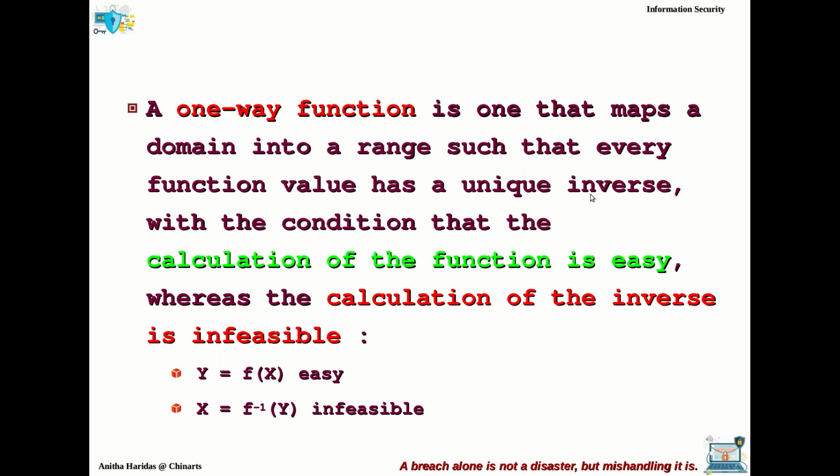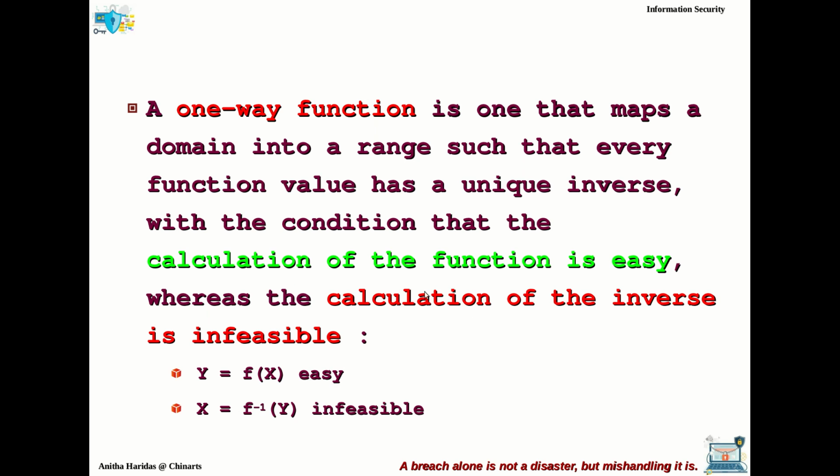So whatever mathematical function you take, all these mathematical functions will have an inverse also, right? But for a one-way function, the calculation of the function is easy, while the calculation of the inverse is going to be very difficult, or sometimes infeasible. If any function is like this, what is the condition for that function?